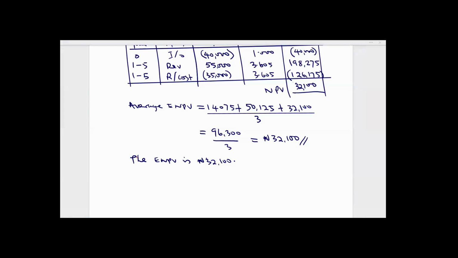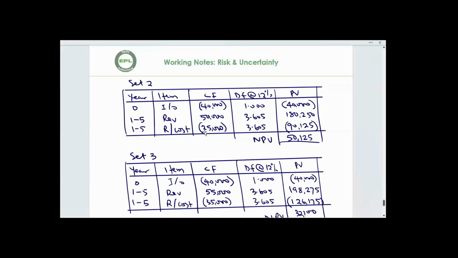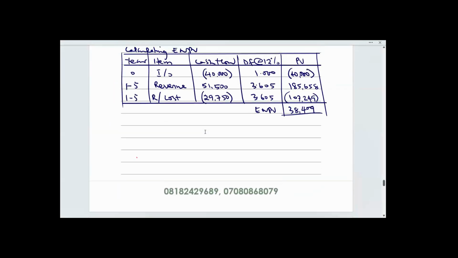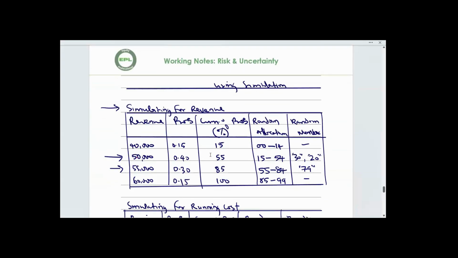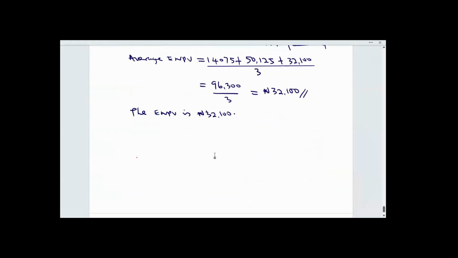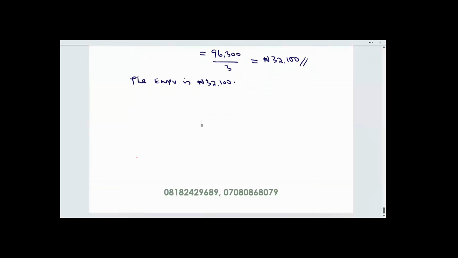We have calculated expected NPV in A, and we got 38,409 naira. The expected value we calculated in B, we got 32,100. Why are they not the same? Examiner is asking you to briefly explain why they are not the same. Of course, they are not the same because different methods are used.